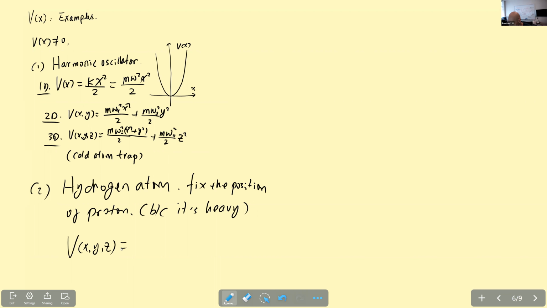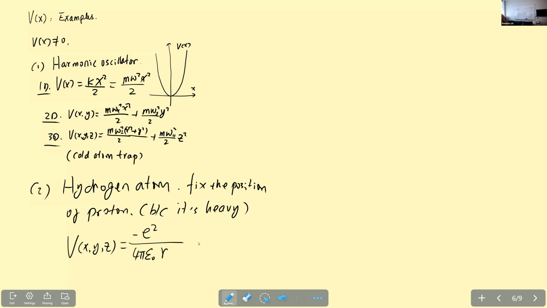The charge is e, one is positive and another is negative, so it's e squared, and this one should be negative, and the constant is 4 pi epsilon 0, and then divided by r.